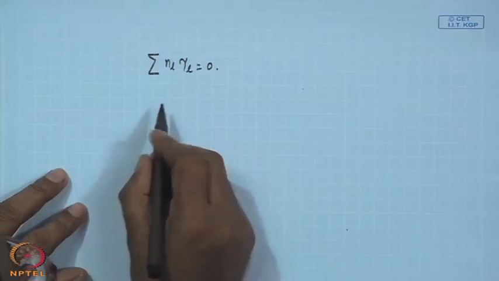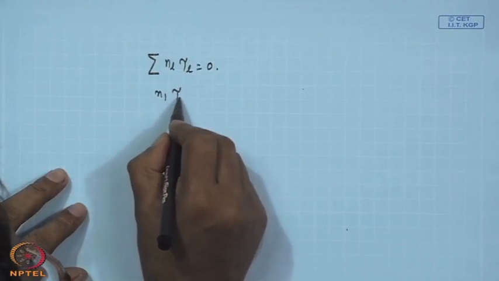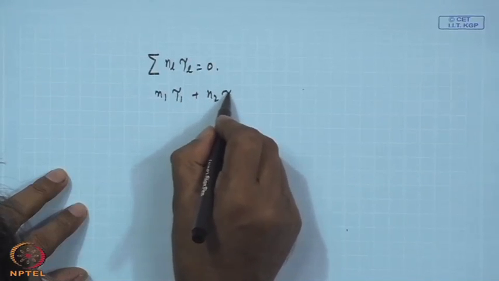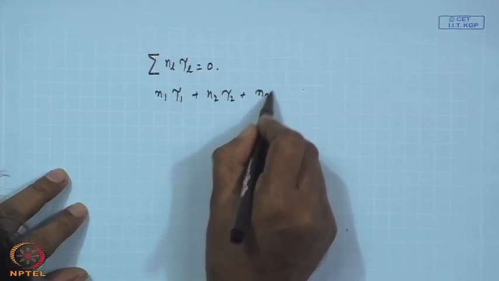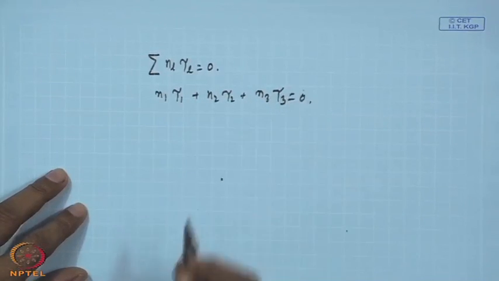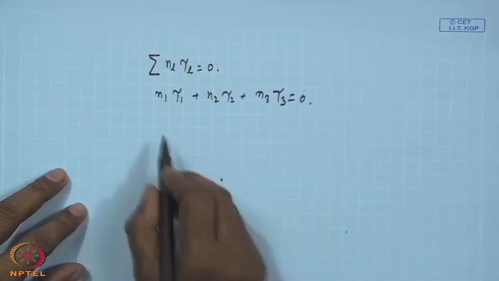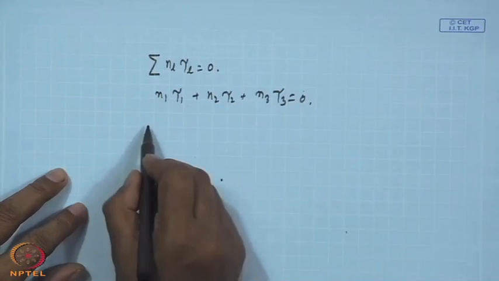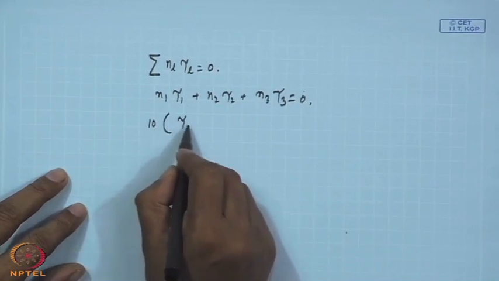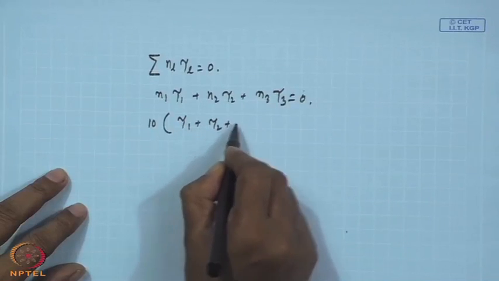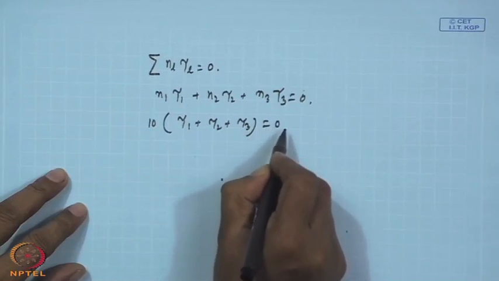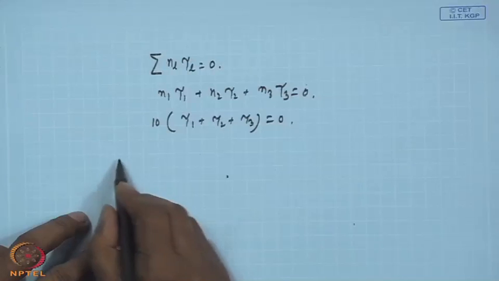So, that means in this case N1 tau 1 plus N2 tau 2 plus N3 tau 3 will be 0. Our N1, N2, N3 are equal, that is 10, so tau 1 plus tau 2 plus tau 3 equals 0. Now, see what is given here.